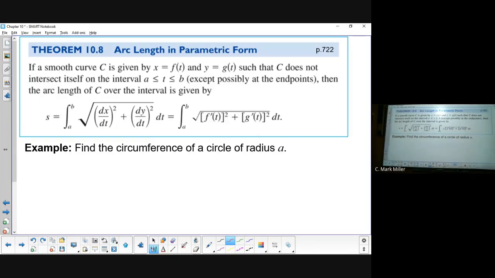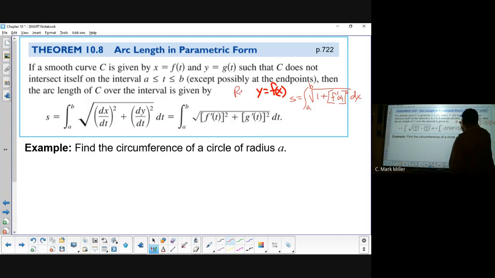Arc length in parametric form. We did arc length. You remember arc length, if you had y equals f of x, right? The arc length was what? Little s equals the integral from a to b of the square root of 1 plus f prime of x squared dx.